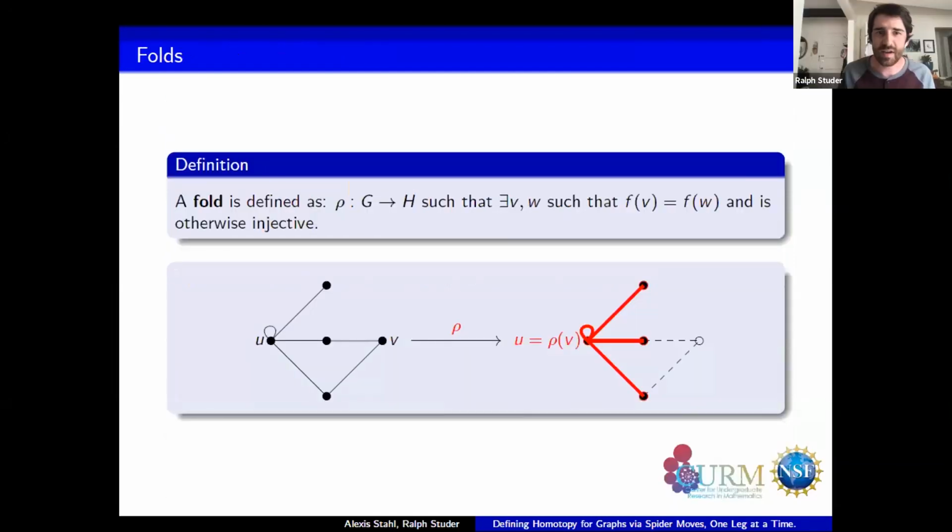Next, a fold is simply a single vertex moved to another, and we use rho to express a series of folds.